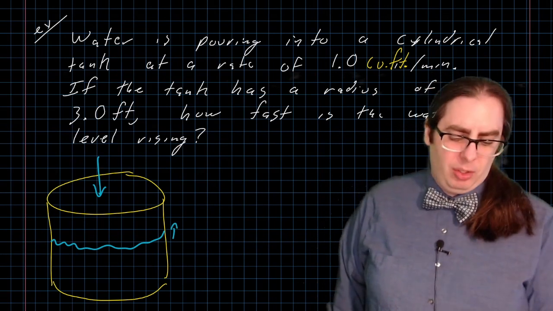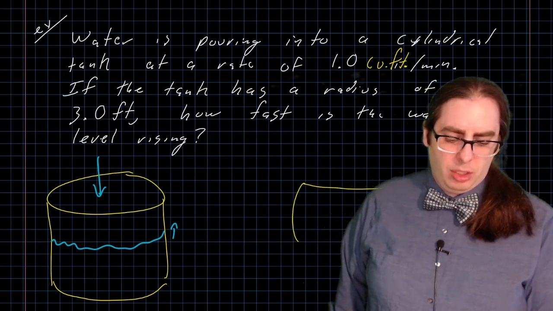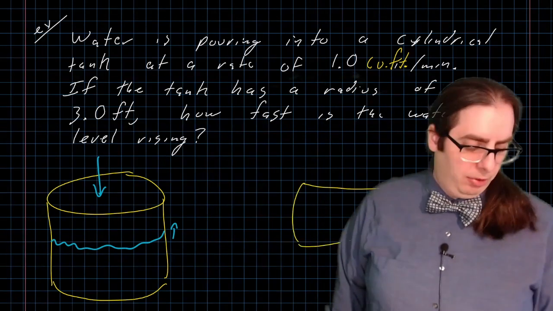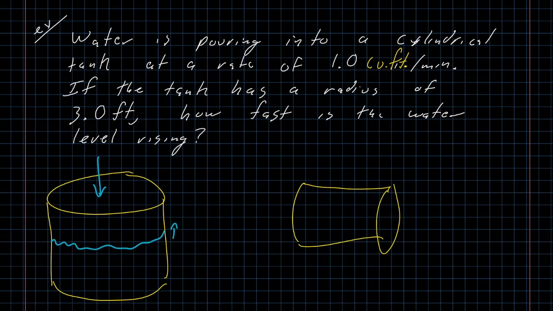With how it's written, there is no reason you couldn't interpret that this problem was talking about a tank that looks like this, but it turns out that there's not enough information to solve that problem, so we don't want to do that.